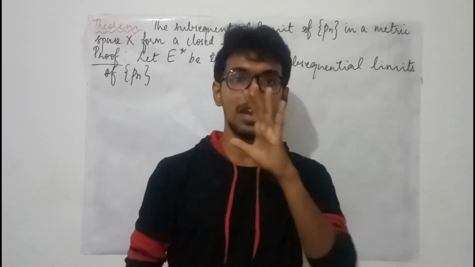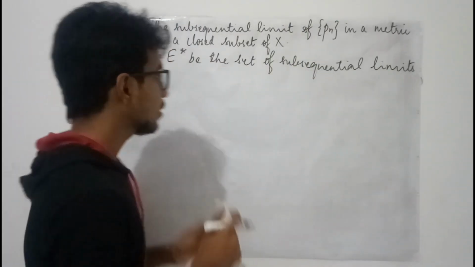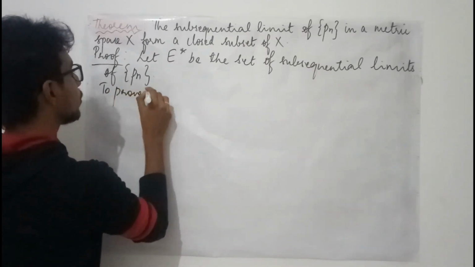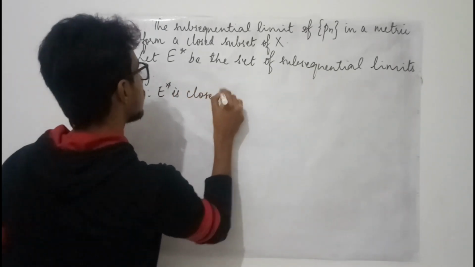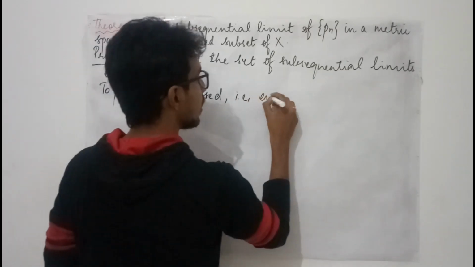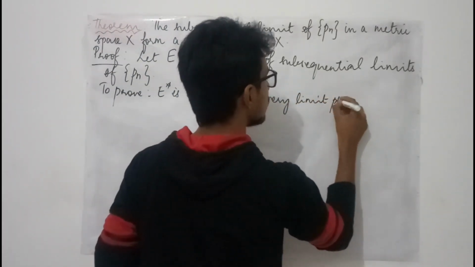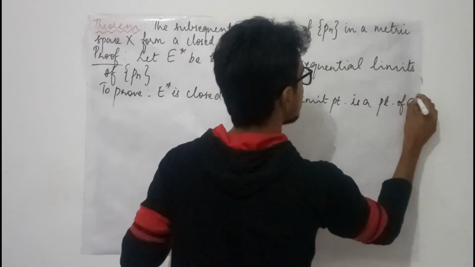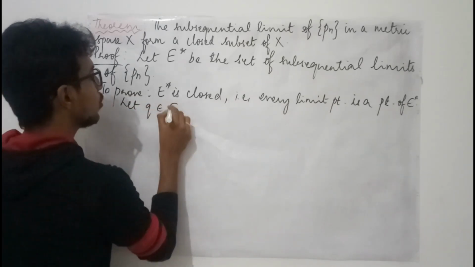We have to prove every limit point is a point of the set. So here we are about to prove E star is closed, that is, every limit point is a point of E star.